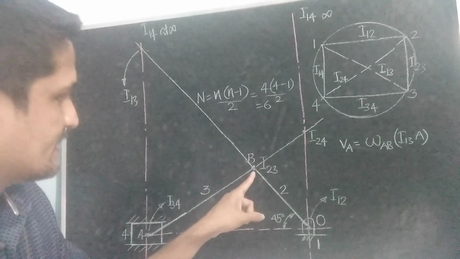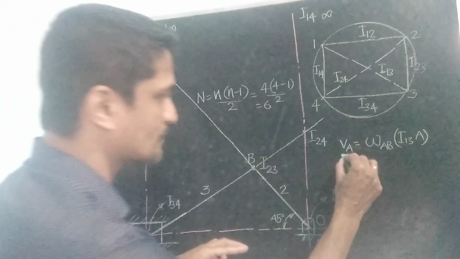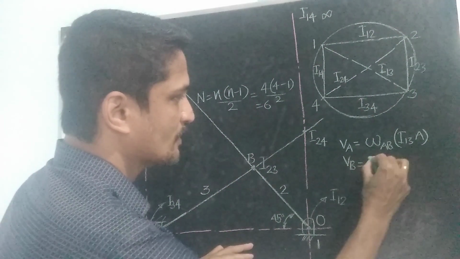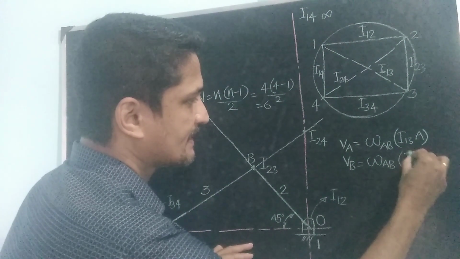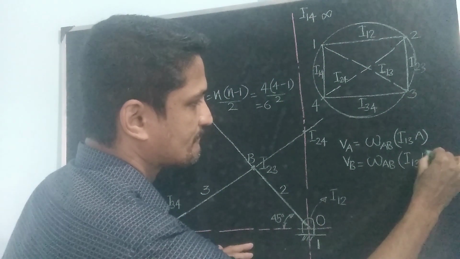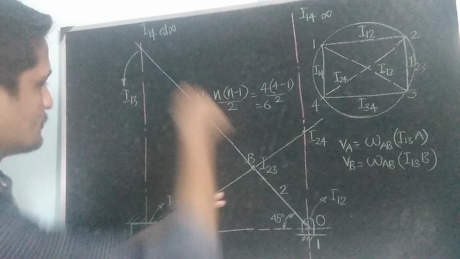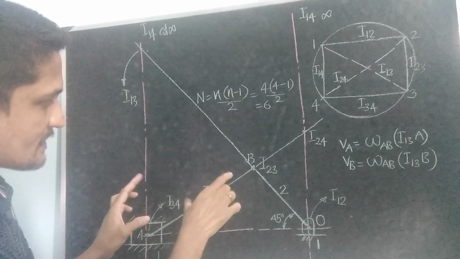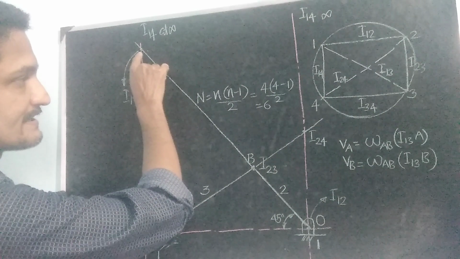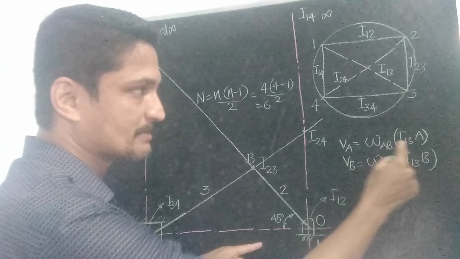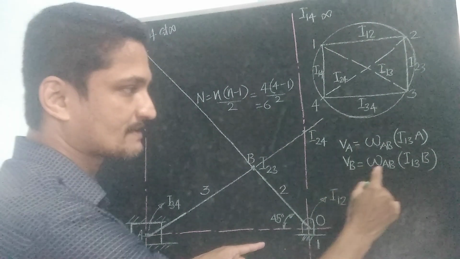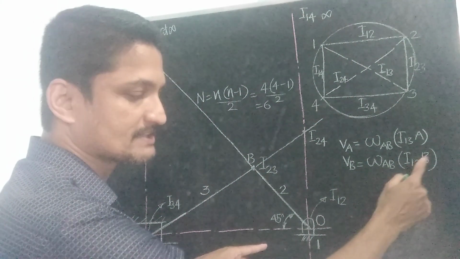Similarly, the velocity of B must be equal to omega AB into I13B, because this link is rotating with respect to this particular instantaneous center. Then VA is equal to omega AB into I13A, and VB is equal to omega AB into I13B.